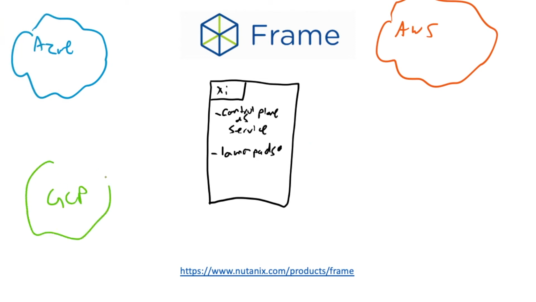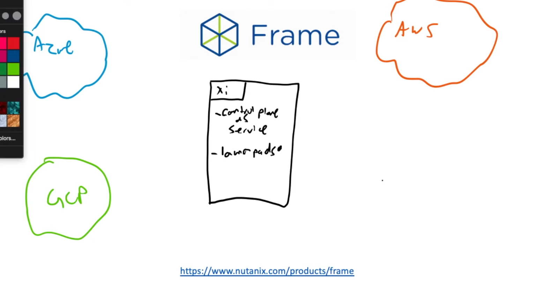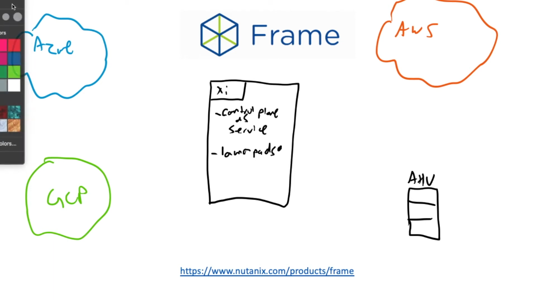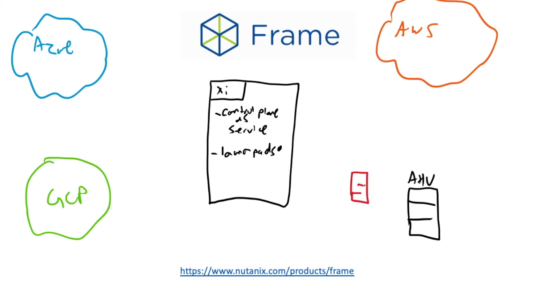Yeah, I did my bubble out of order. Oh well. And finally, we'll draw an AHV cluster over here. This would be on-premise. So to better signify the on-premise, let's draw a firewall. Okay.